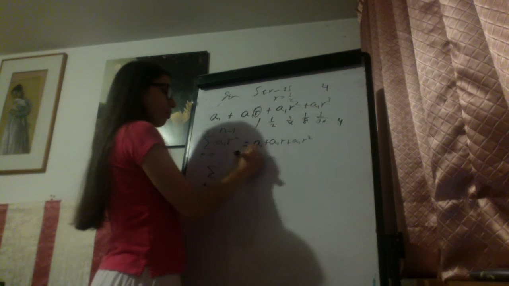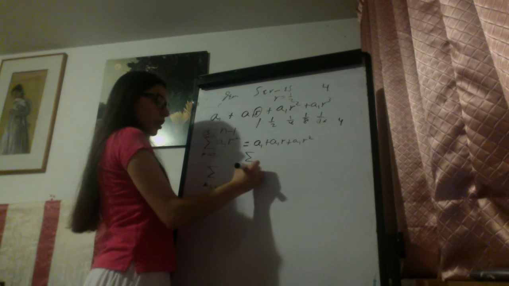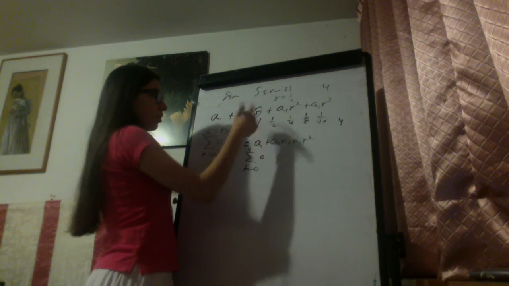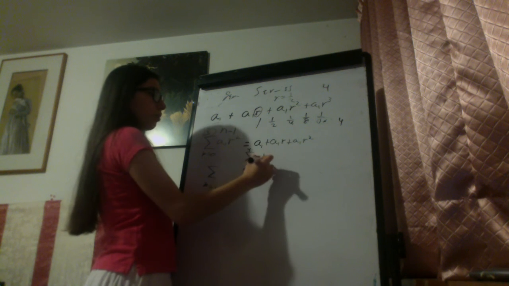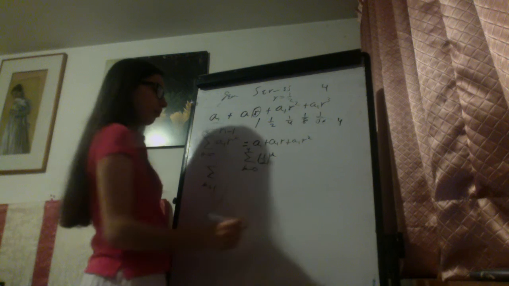So you will express this as the summation from k equals 0 to 4 of a sub 1, which is 1 in this case. That's our first term. So just 1 half to the k.